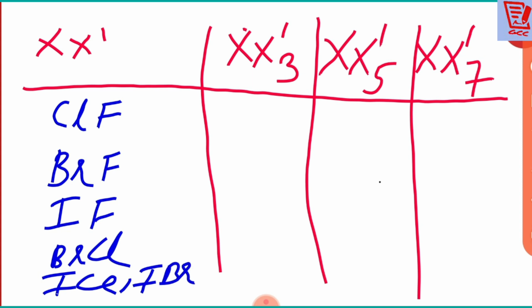Okay students, so these are the examples for XX'. Number 1 is ClF, number 2 is BrF, number 3 is IF, BrCl, ICl, IBr.